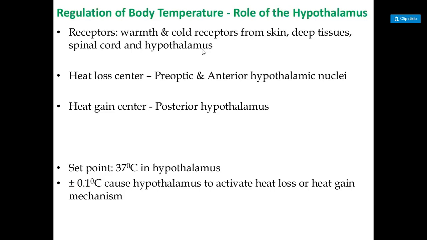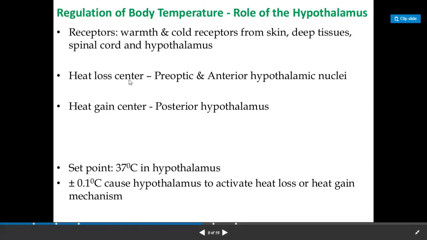Now in the hypothalamus, we have two control centers for temperature regulation. We have the heat loss center, which is the preoptic and the anterior hypothalamic nuclei. In anatomy, maybe they would have shown you these centers. Now, they regulate heat loss.